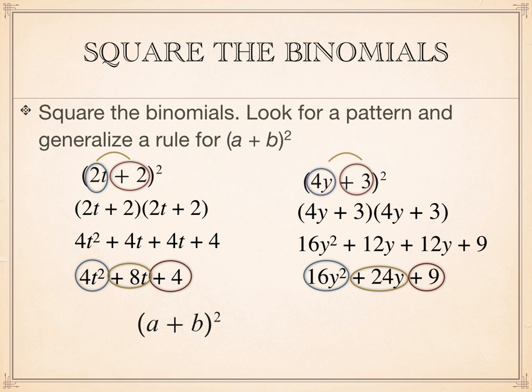A plus b quantity squared equals the first term squared plus twice the product of a and b plus the last term squared. And I can use that rule instead of multiplying the binomials out longhand.